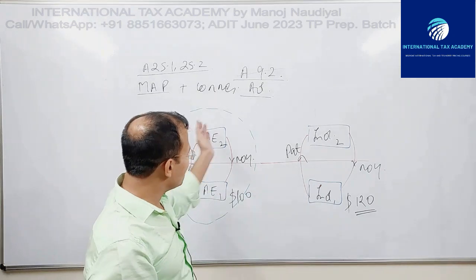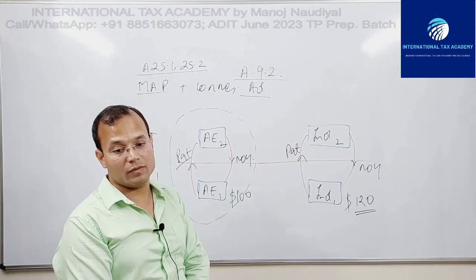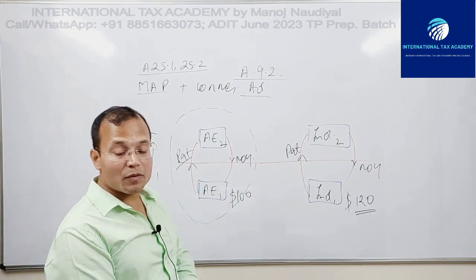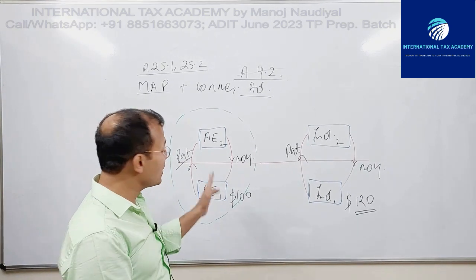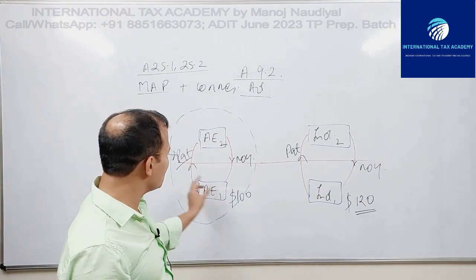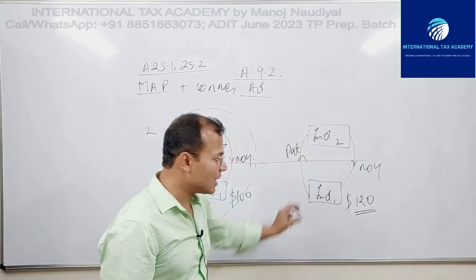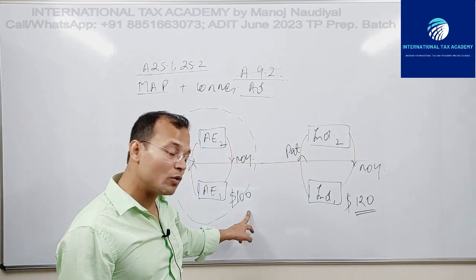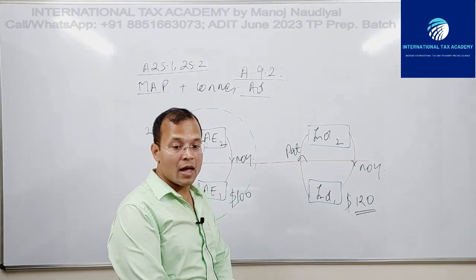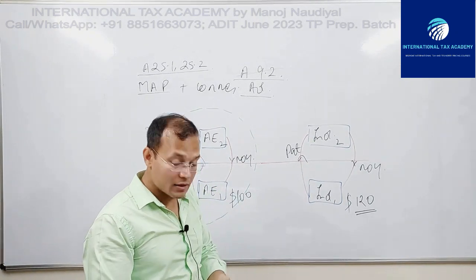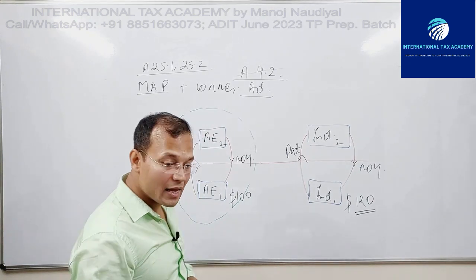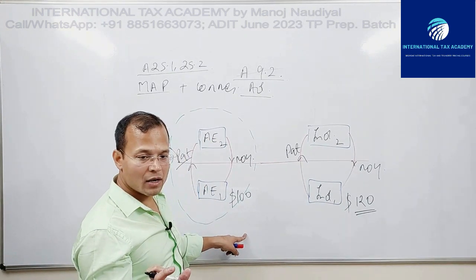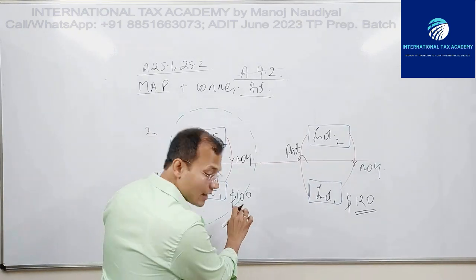They share this information with AE2, which provides some explanation, but the tax authorities are not convinced. They say that because this patent is similar, here you should have 120, because there you have 120. That is why they make an upward adjustment of $20 here.